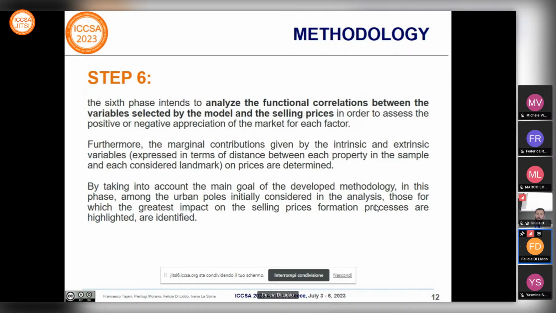By taking into account the main goal of the methodology, in this phase, among the urban poles initially considered in the analysis, those for which the highest impact on selling price formation processes are highlighted are identified.